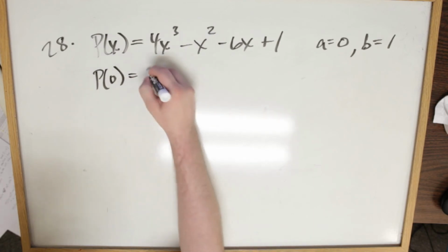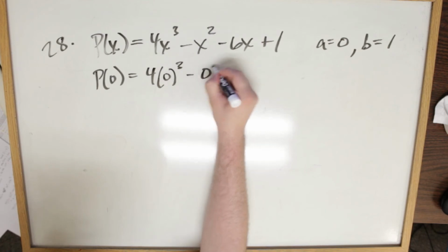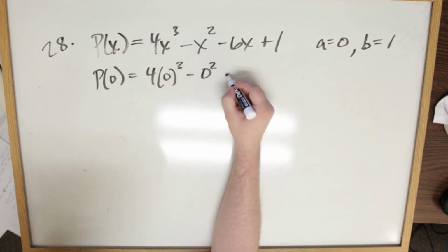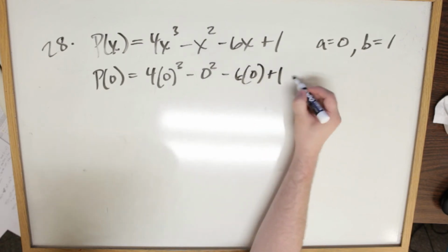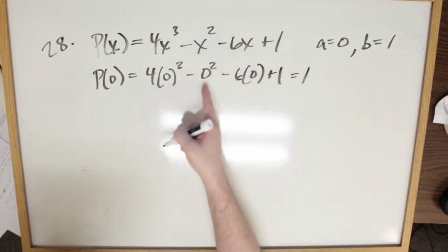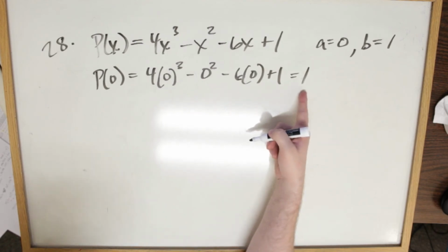So p of 0 is literally just substituting 0 in for every x value: 4 times 0 cubed, minus 0 squared, minus 6 times 0, plus 1. This is equal to 1, right? That's 0, that's 0, that's 0, that's 1. So we're left with just that. All right, so P of 0 is equal to 1.